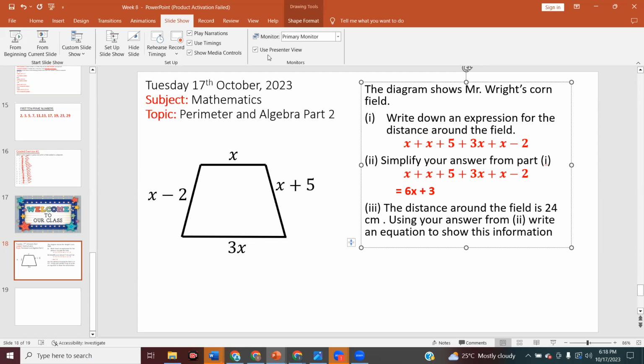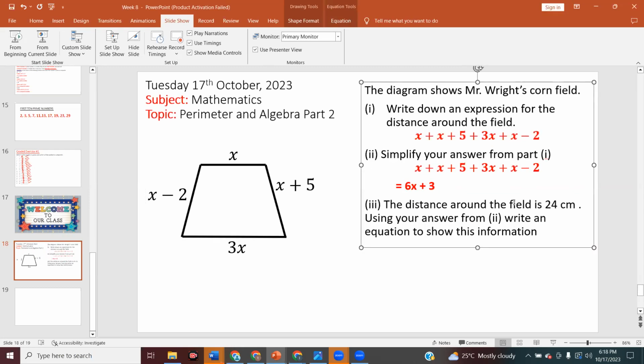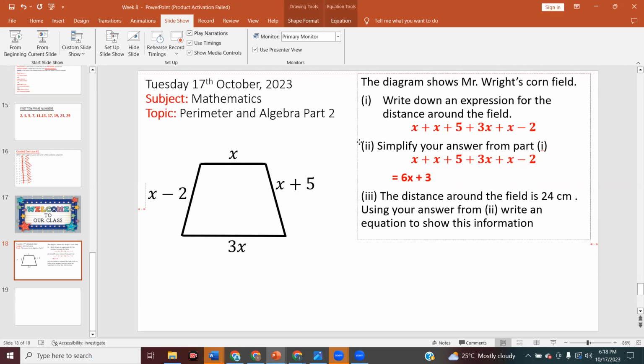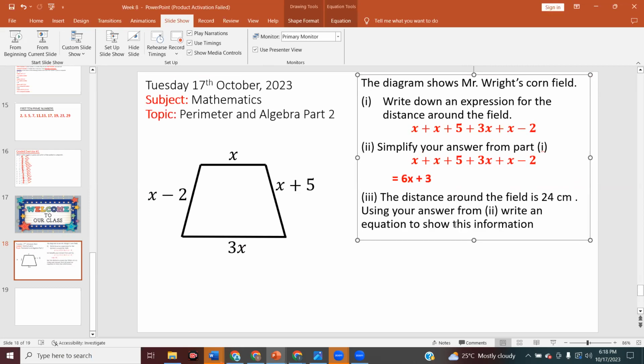I want you all to put inside the chat what you think the equation will be. Let me repeat. They said that the distance around the field is 24 centimeters. Write an equation. It didn't say solve the equation, just write an equation to show this information.